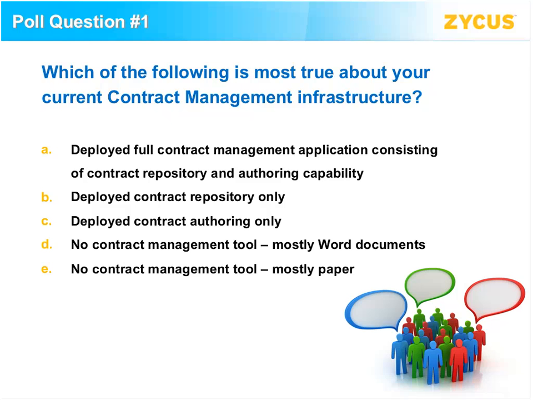If we add up the folks who say they've deployed a full contract management with repository and authoring at 42%, plus those that say they have a repository only at 41%, or maybe 3% with the authoring tool only, if my math is correct, I get about 86% that say they've deployed a contract management tool. So that's frankly a little higher than I would have expected, but again, it's in keeping with our earlier results.